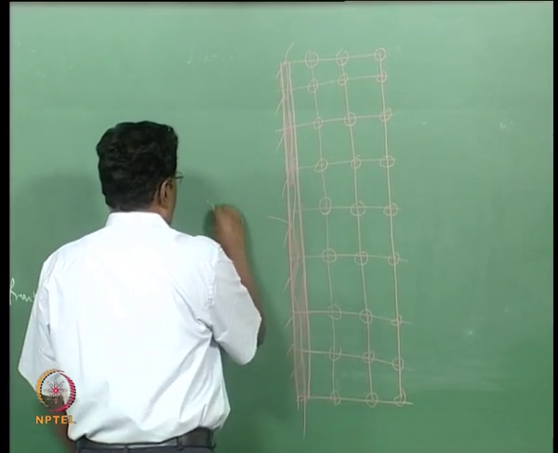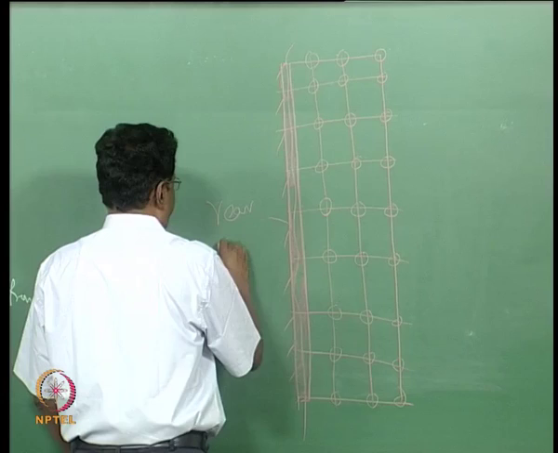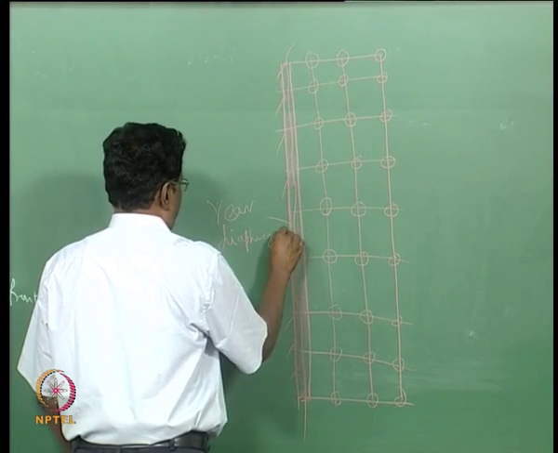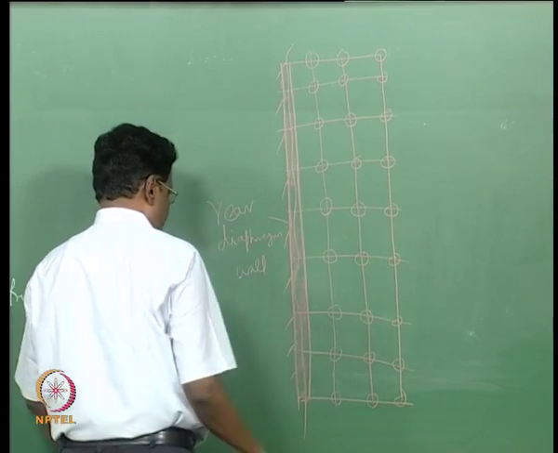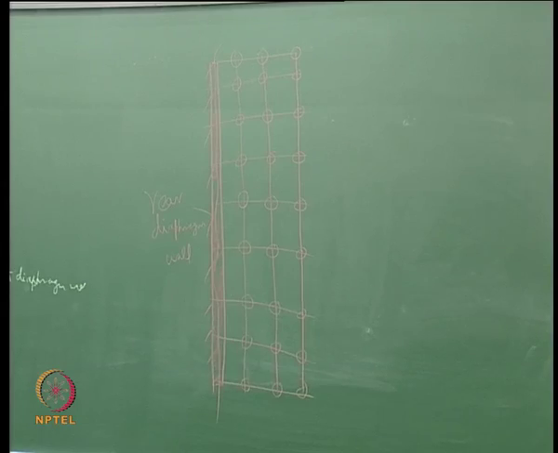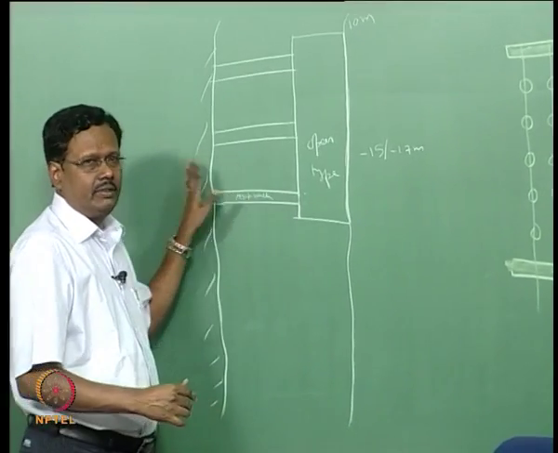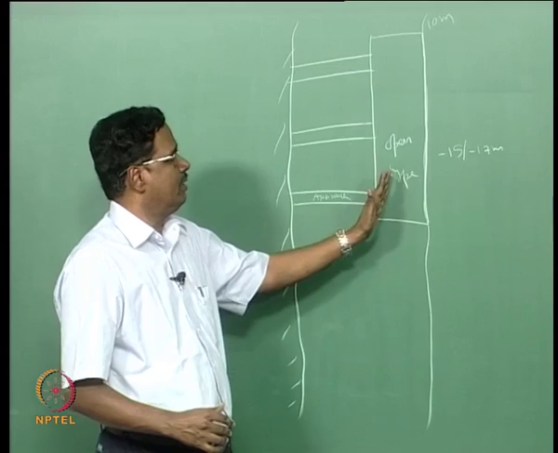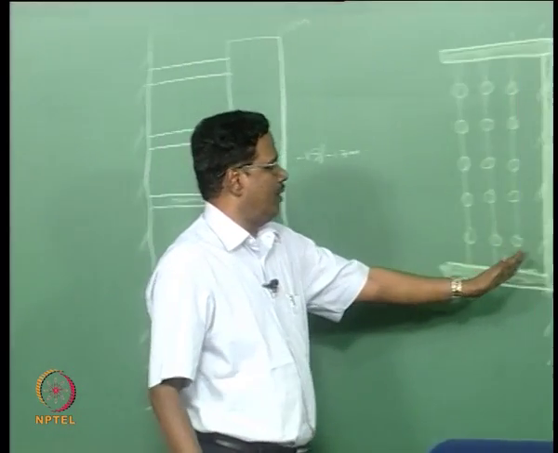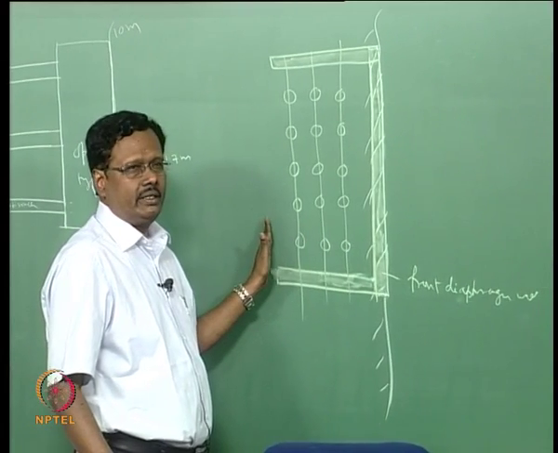So, this is called the rear diaphragm wall. So, we have an open type structure with approaches from the shoreline to the jetty. Then there is a front diaphragm wall with piles on the back side.